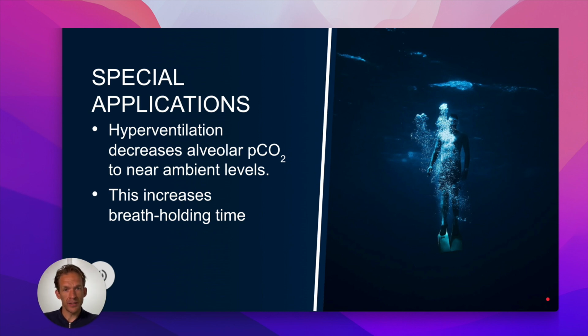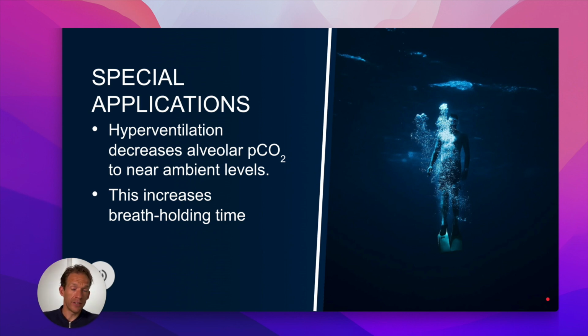But the idea is that if you remember one of those previous graphs, you saw that the body doesn't respond so quickly or so responsively to changes in O2, but it does to CO2. And that is a trick you can use to increase your breath holding time, because if you hold your breath, normally your body will automatically start to trigger you to breathe again because you feel that urge.